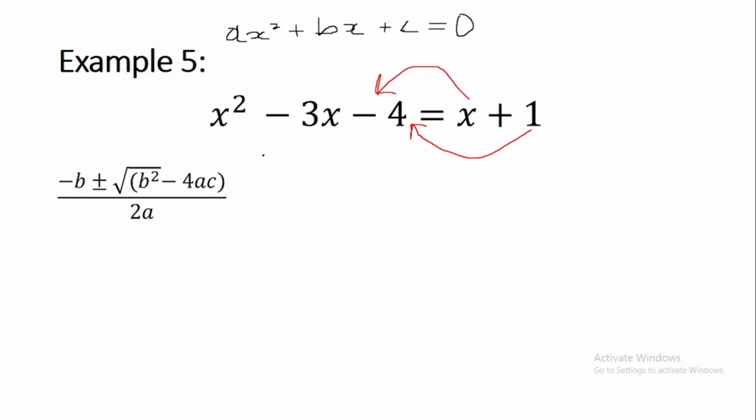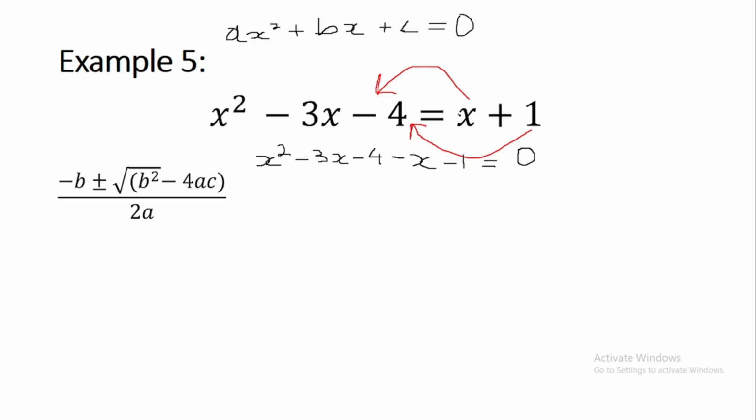Our new equation is going to be x squared minus 3x minus 4 minus x minus 1 equal to 0.